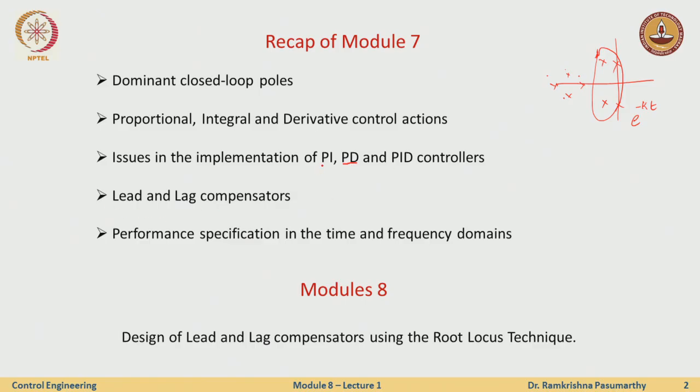Like for example, I can never have a perfect integrator, right? So these kinds of systems are very difficult to realize in the real world. So an approximation could be to classify PD controllers as lead compensators and PI as lag compensators. Compensators also means controller. So whenever I say compensator, it also means controller and vice versa, right?